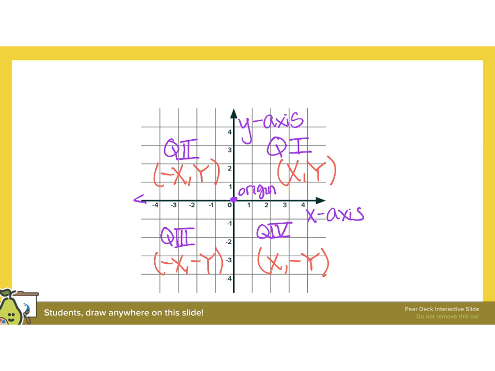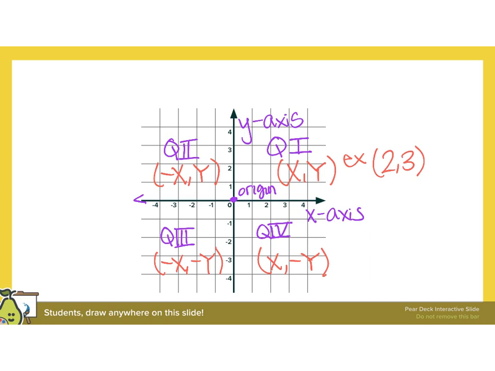So let me give you an example of what that means in case the letters are confusing. So if I wanted to know where the point 2, 3 would be, well, 2, 3 are both positive, so this point is in quadrant 1.